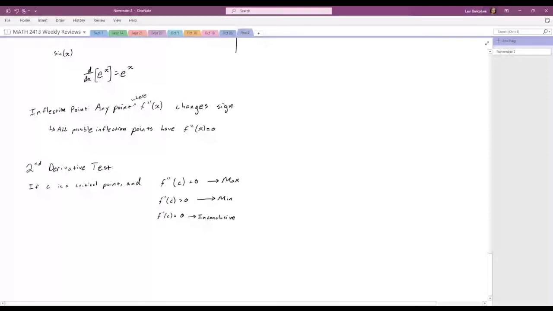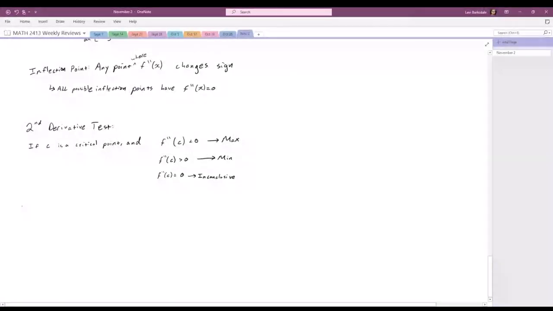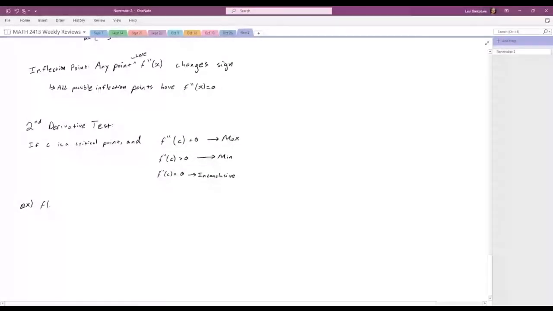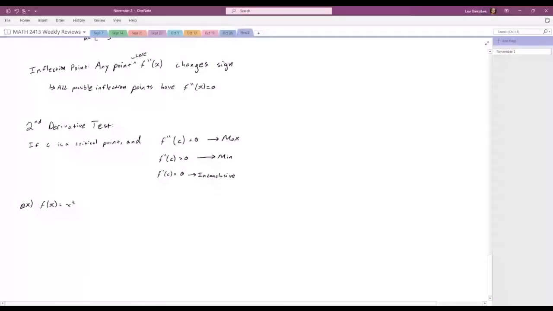Perfect. Let's go ahead and do an example problem. Let's say we have a function f of x equals x cubed minus x squared plus x minus 1. And we wanted to find the inflection points.